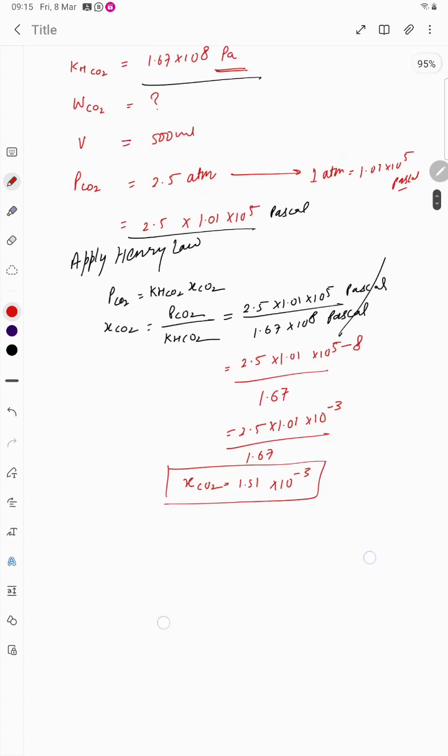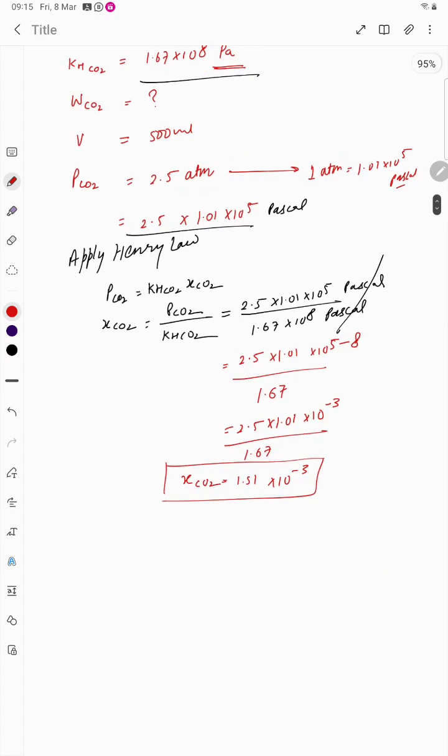Now, after getting X_CO2, X_CO2 is equal to n_CO2 divided by total moles, that is moles of CO2 plus moles of water.